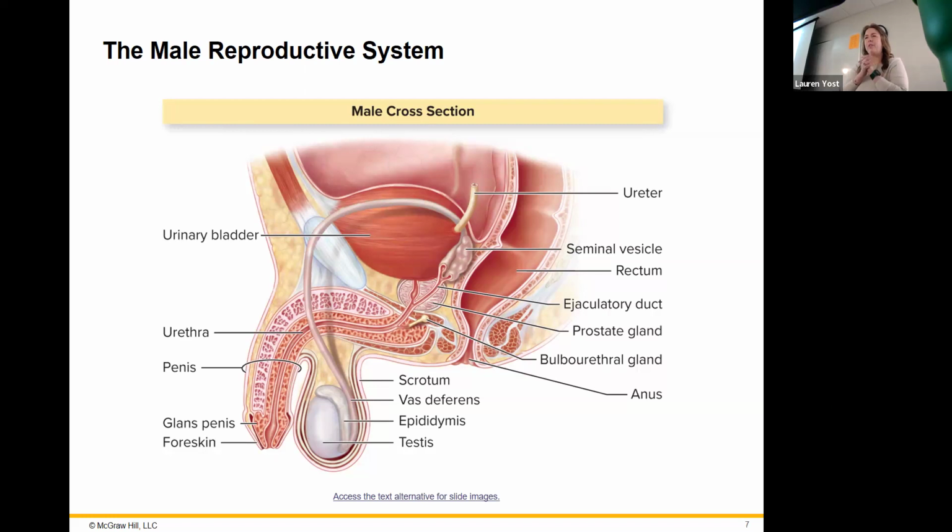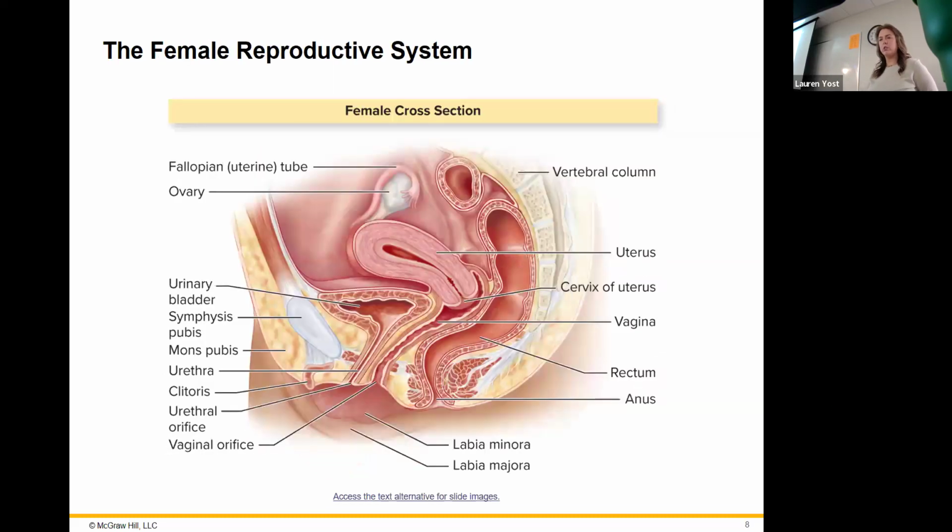We'll talk a little bit about the prostate, and some effects on the testis, epididymis, and structures of the testicles in general.